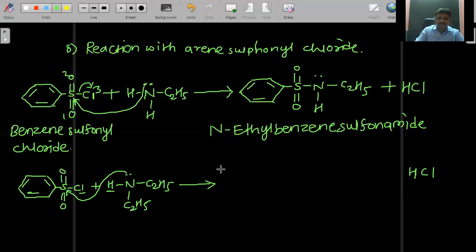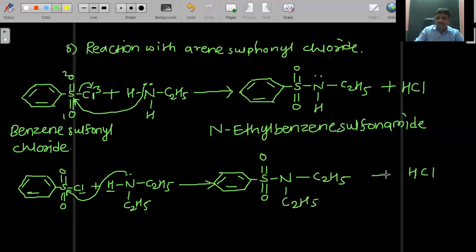Now major product, this is benzene ring. Okay, to this benzene ring sulfur, to this sulfur double bond oxygen, to this sulfur again nitrogen, to this nitrogen C2H5, to this nitrogen C2H5. So this is the major product and HCl is the minor product.